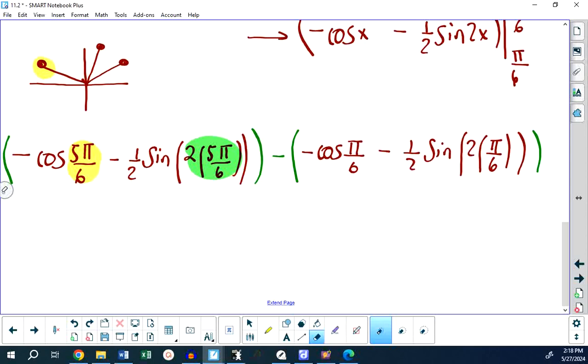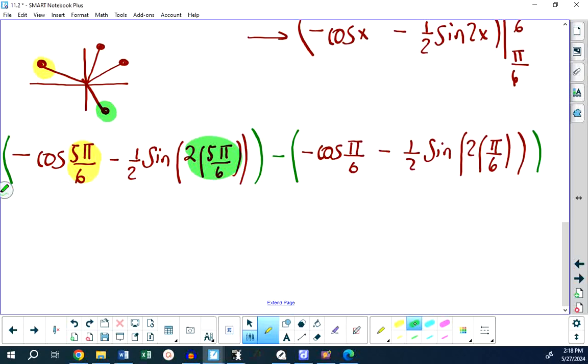This is 5 pi over 3, which is 1, 2, 3, 4. That, am I right? 5 pi over 6 times 2 is 5 pi over 3. 1, 2, 3, 4, 5. That's right.